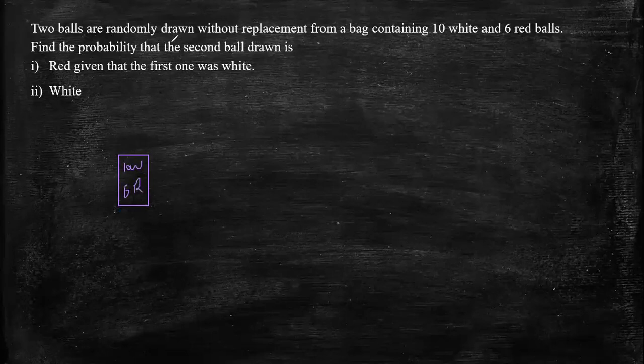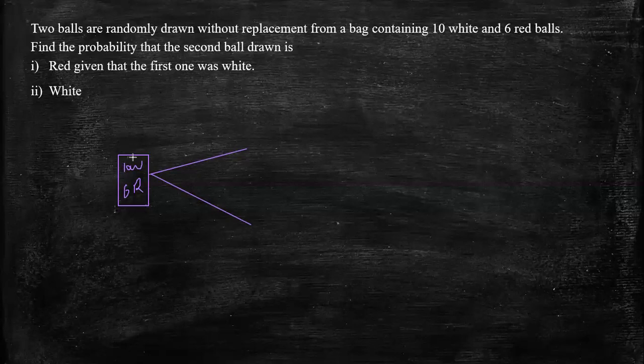We are told that two balls are randomly drawn without replacement, so we are going to take away two balls from the bag. Remember, since it is without replacement, the number of balls is reducing.